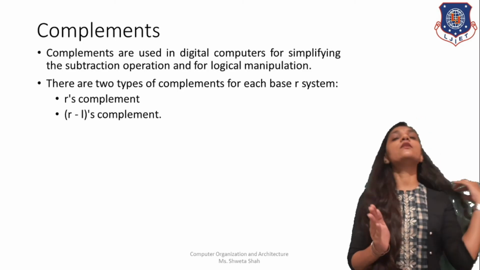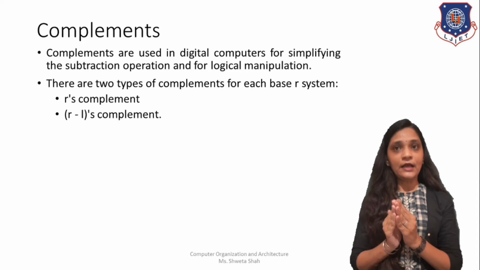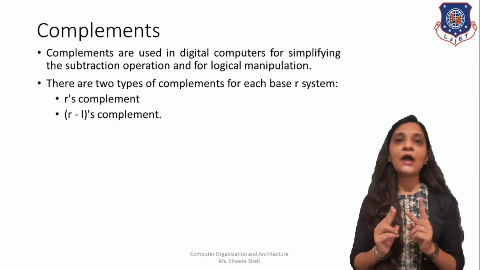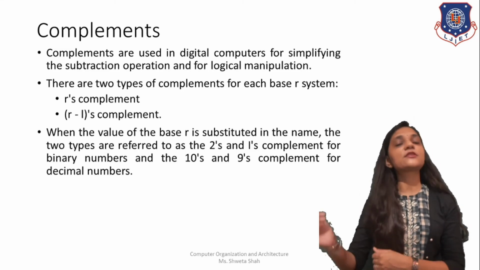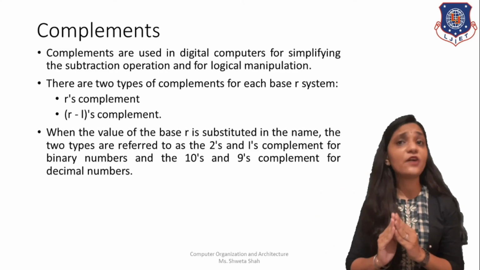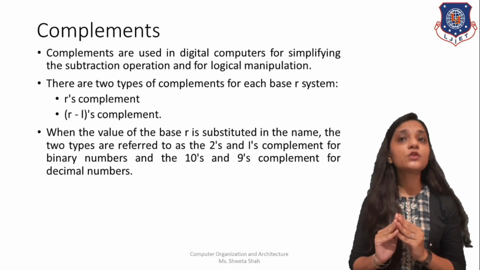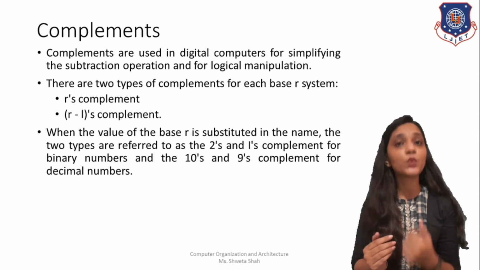For different values of r you will have different complements, but each and every system will have two complements. For example, the binary number system has base 2, so it will have 2's complement and 2 minus 1, that is 1's complement.